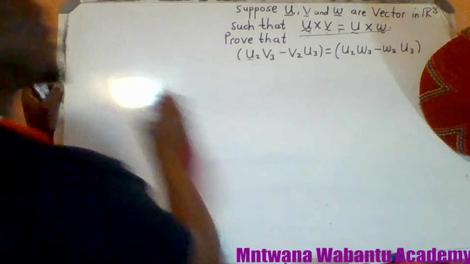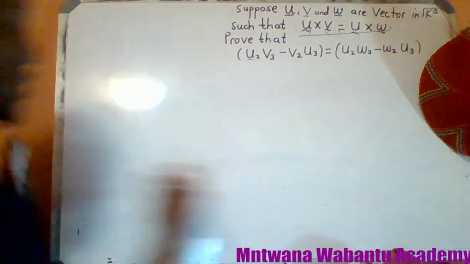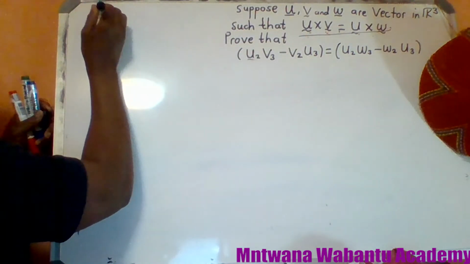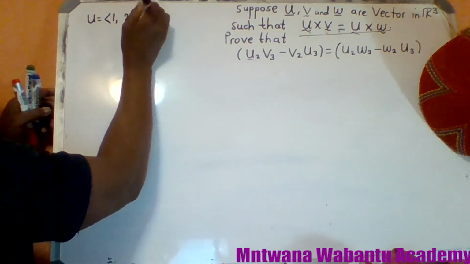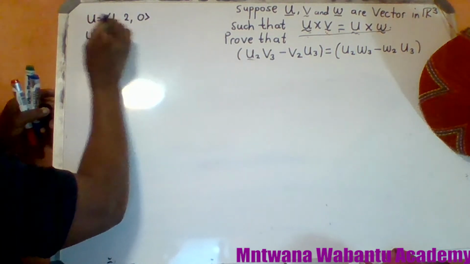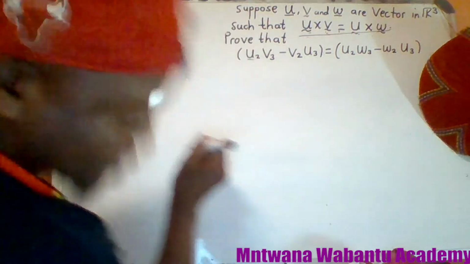We remember our U equal to 1, 2, 0, V equal to 3, 2, 1, and W equal to 3, 2, 1, and we say U, V, and W.